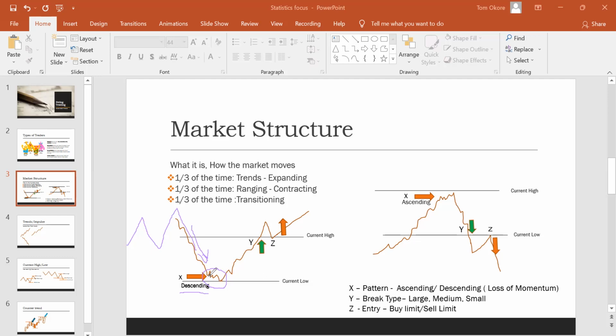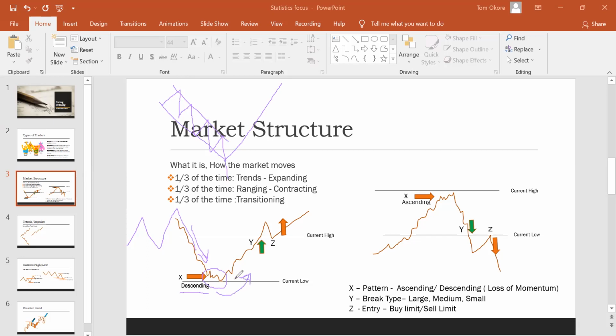Here at the descending pattern, you'll find it's something like this. When the markets do this, usually it's a sign that it's about to turn around. So this market will come down, and then we can say that it has turned at that point.